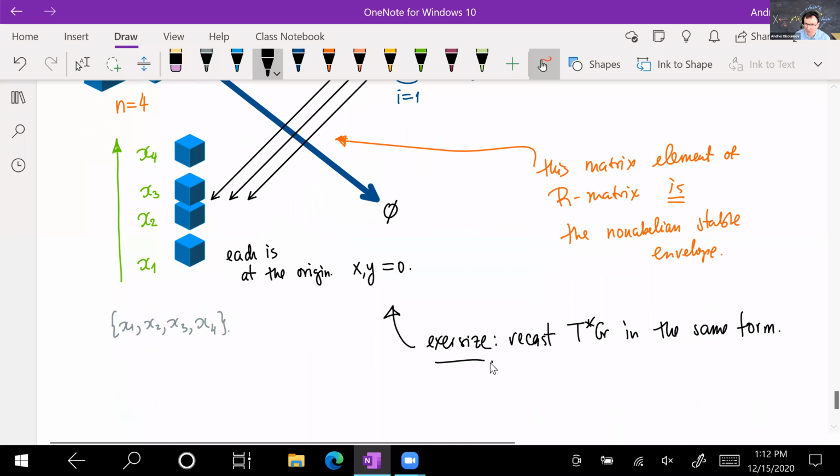In the same form, you should get something like B of x1, B of x2 acting on the vacuum. It's a good thing to think about: why is something like this a generalization of all the classical forms?